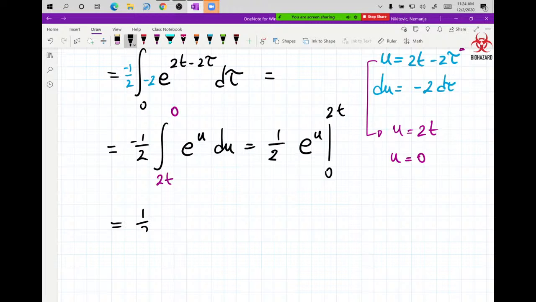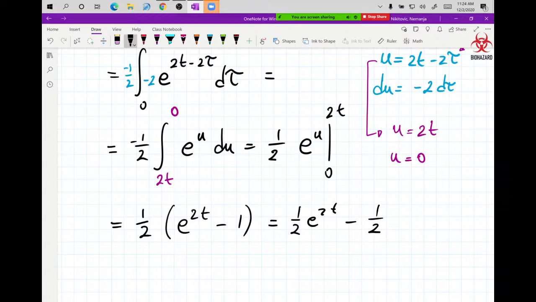And this becomes 1/2 of e to the 2t minus 1, which is 1/2 e to the 2t minus 1/2. So if you had to do convolution of those two, this is what you would get.